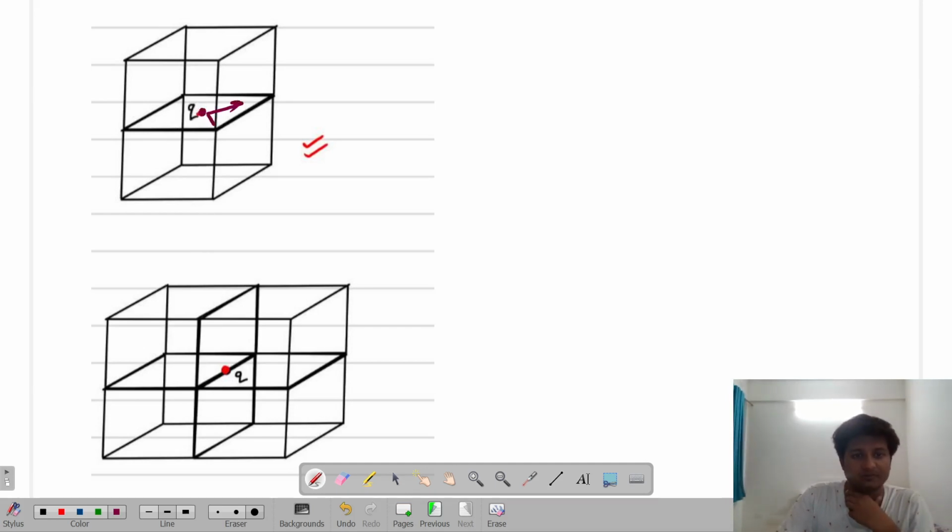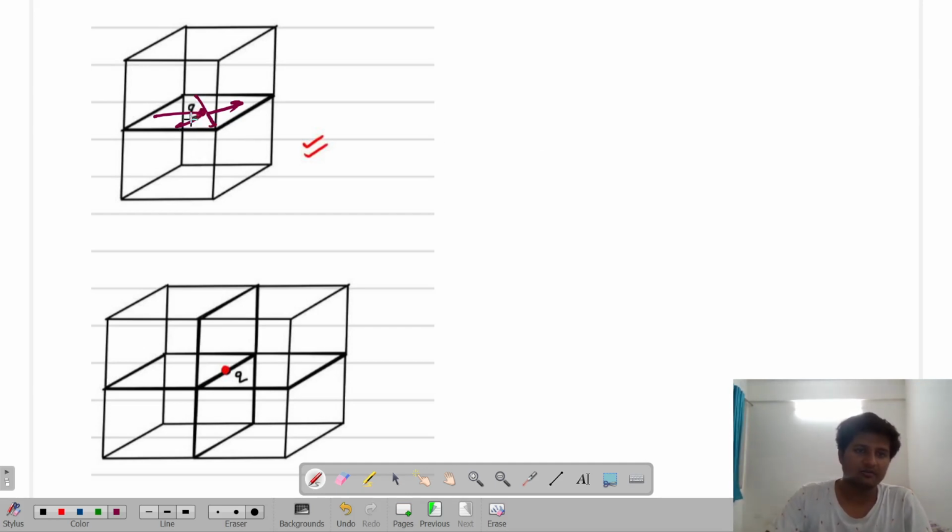For this parallel face, the electric field lines are perpendicular to my normal, or not. So the flux through that will be how much? Zero, isn't it?